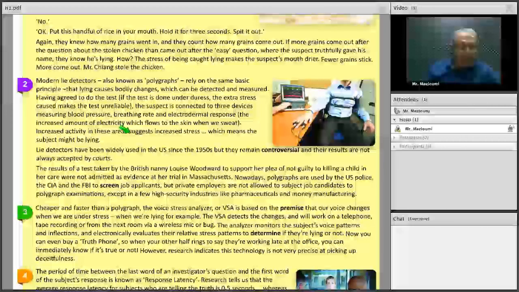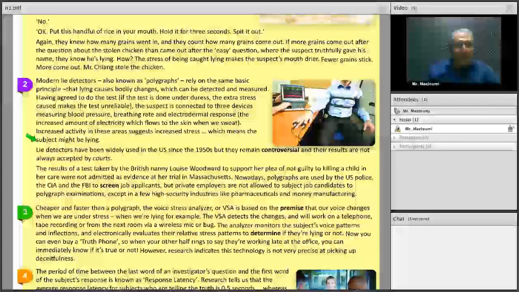So, when you have high blood pressure, a high breathing rate and a high electrodermal response, they suggest increased stress, a high level of stress, which means the subject might be lying.